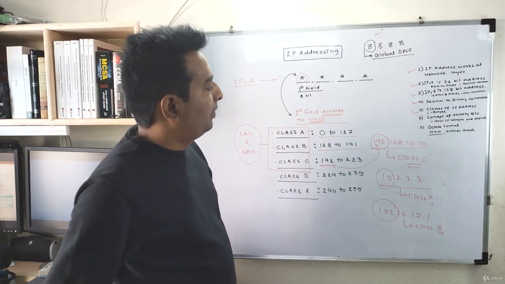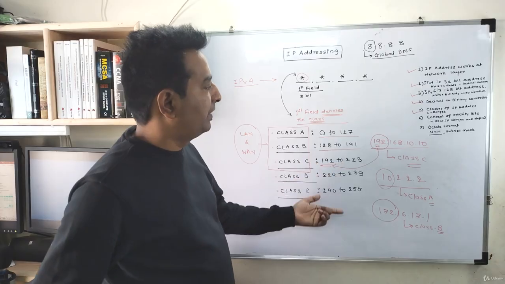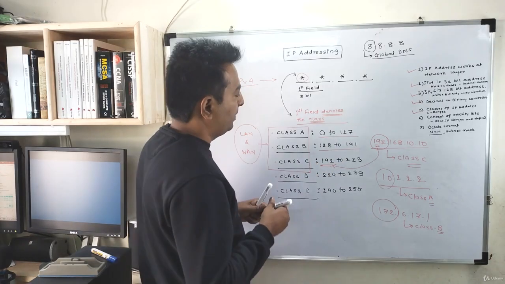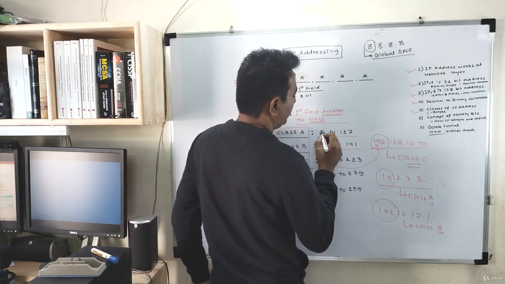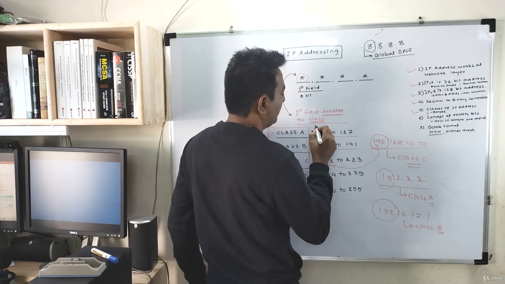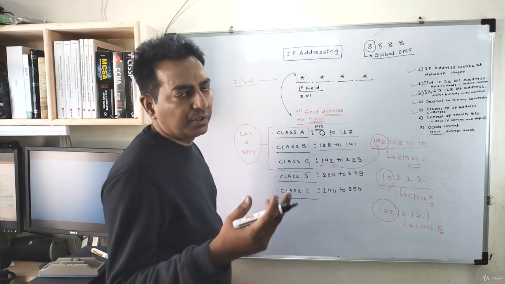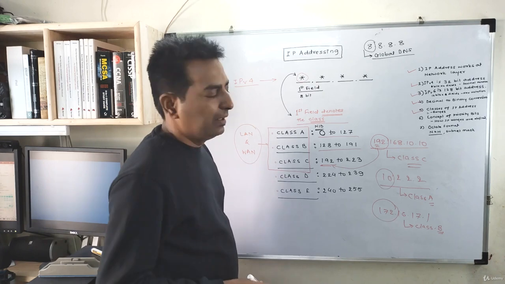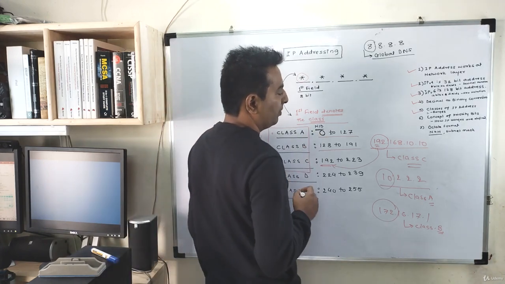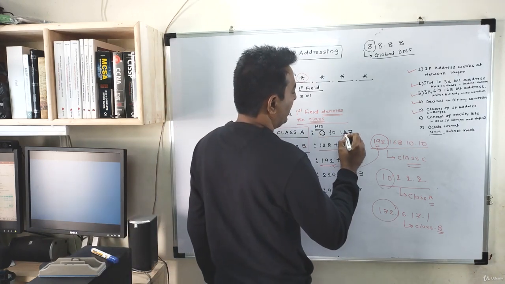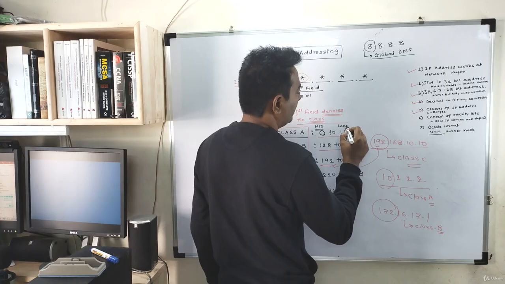Okay, so we will also see the exceptions within this. So for your understanding, 0 cannot be used. This is the network ID, so this is the first IP address for the entire network. So this cannot be used. 127 is a loopback address.